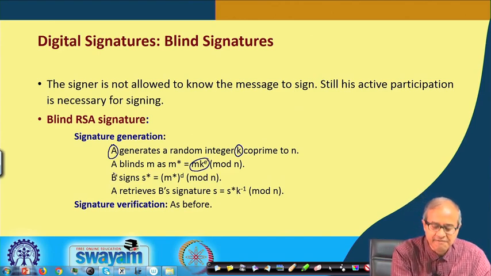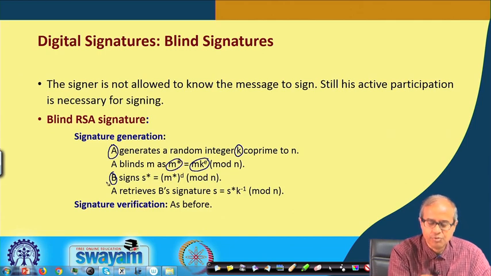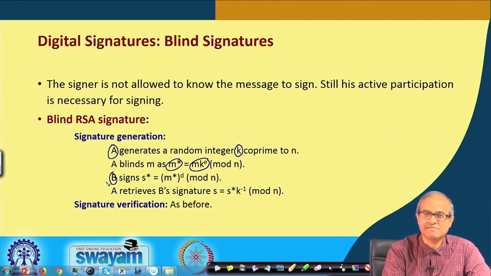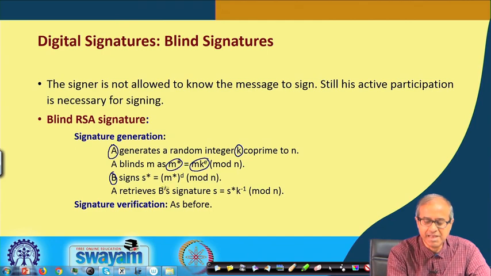Then A will give this m star to another person B, maybe his secretary, to do the signing on his behalf, but this B cannot see the message. B will simply apply a signature which is m star to the power d.